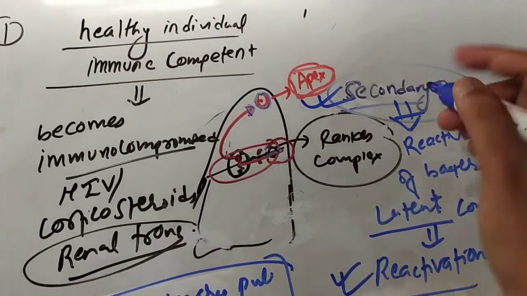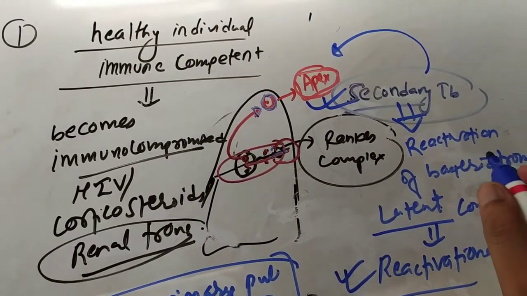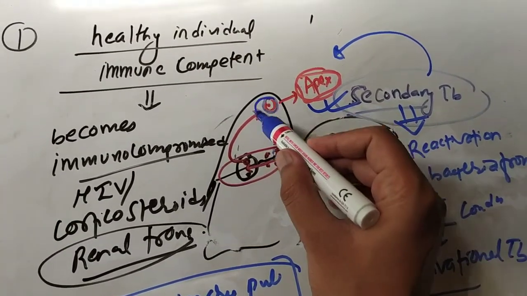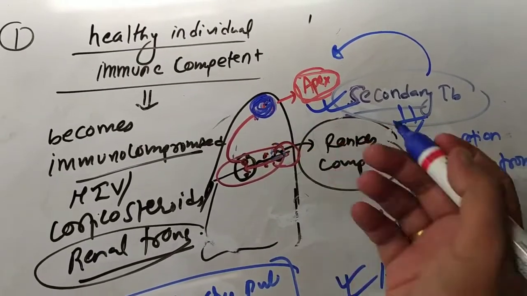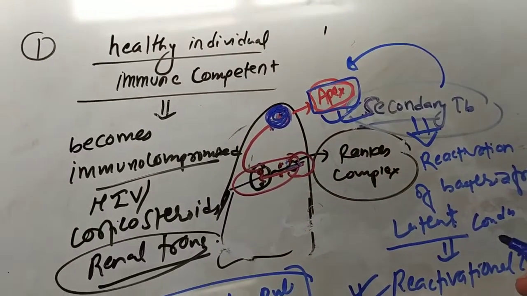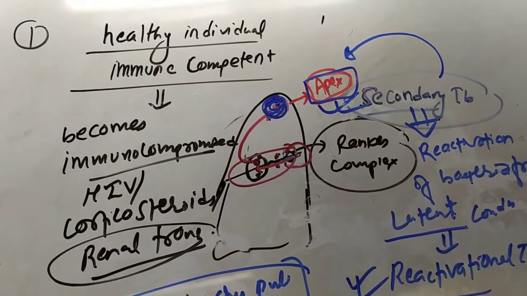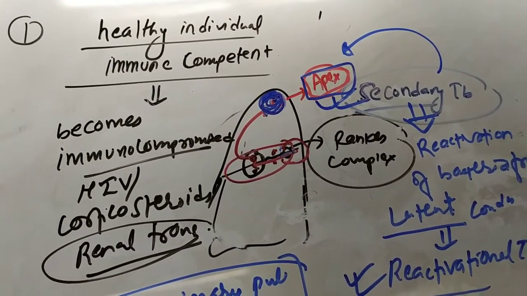And when the secondary TB occurs, the site where the necrosis or the cavity will be formed is the apex of the lung. So in the secondary TB, the main site where the cavity will be formed is the apex of the lung.